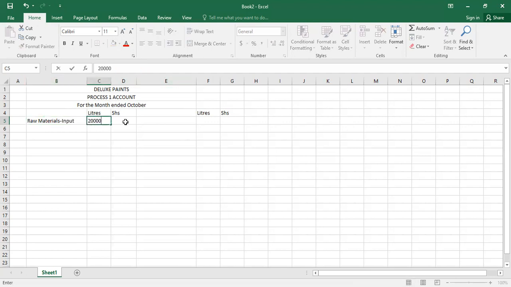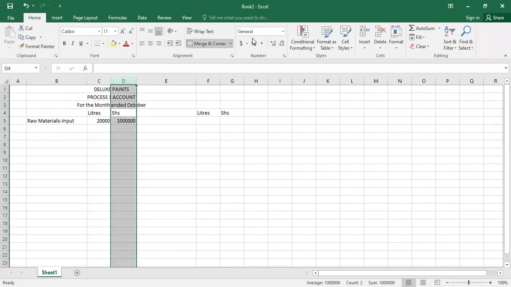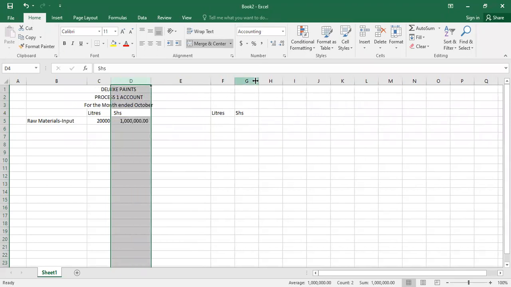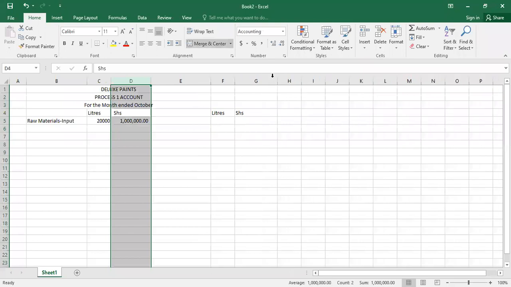Have we been given the cost? At 50 shillings. We multiply, that will be 1 million. Yes, it will give us 1 million. Let this column be in money.